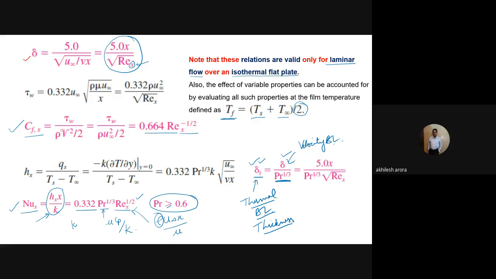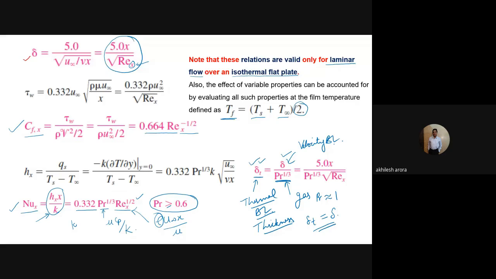It is very clear from here that if we have a particular gas for which the Prandtl number is approximately equal to 1, in that case the thermal boundary layer thickness will be equal to the velocity boundary layer thickness.